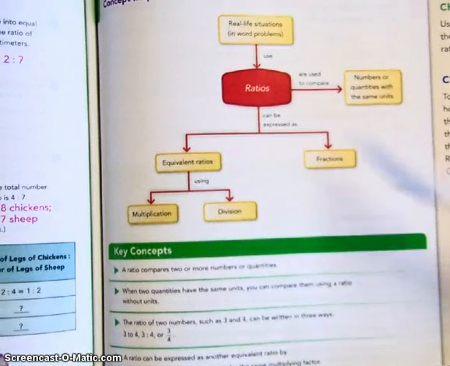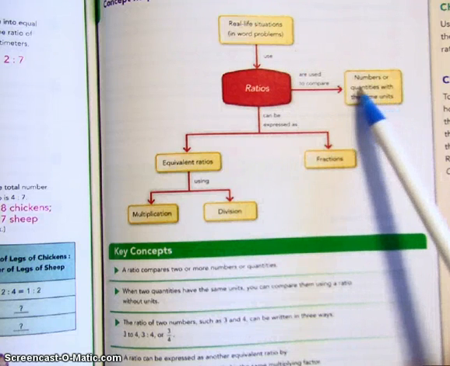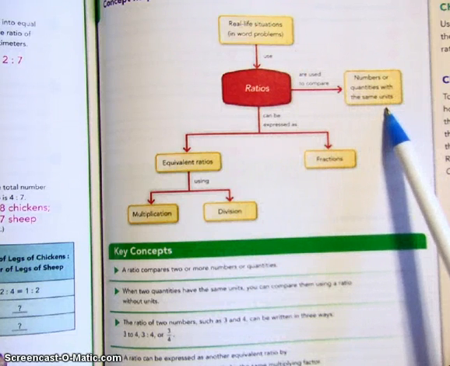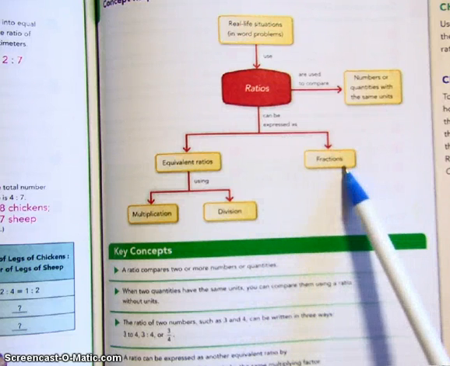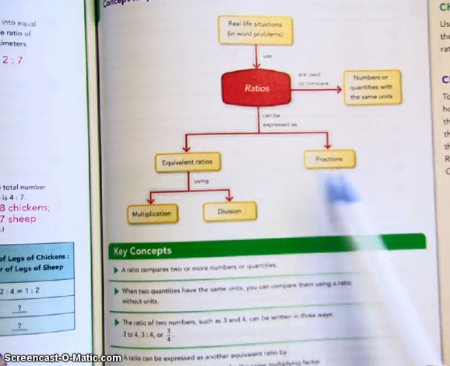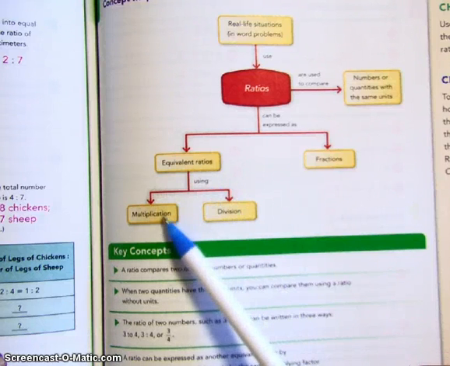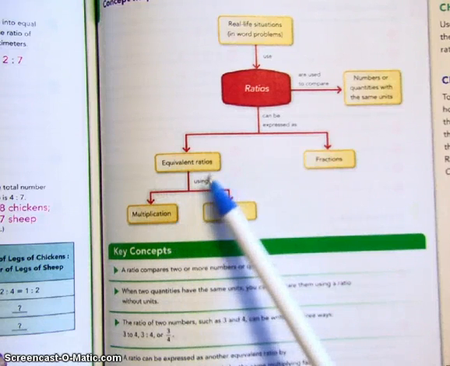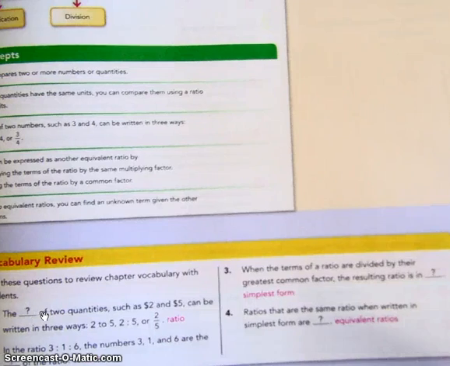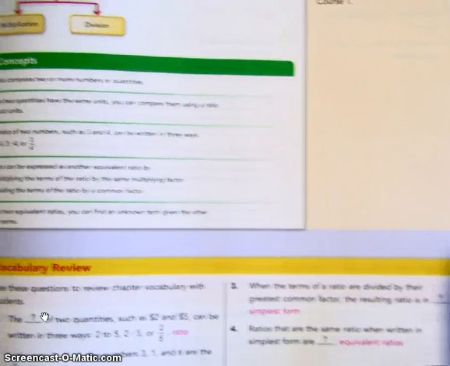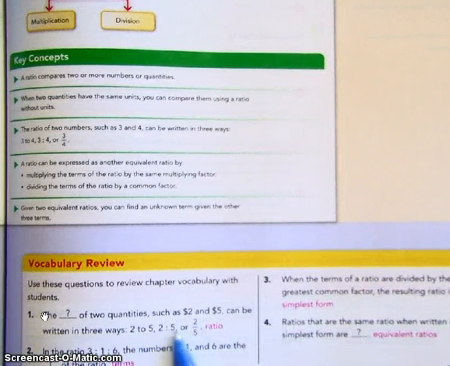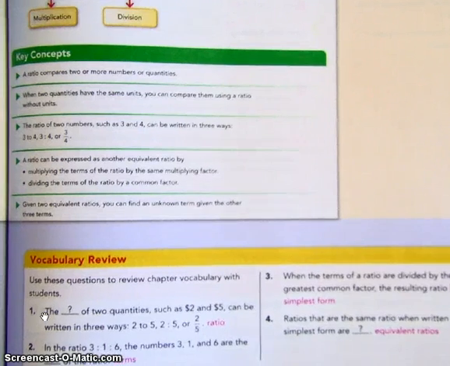Way up here at the top, we talked about all the things we can do with ratios in real life situations. We can use them to compare numbers and quantities in the same units, and a ratio can also be expressed as a fraction. We can make an equivalent ratio, and then we can multiply or divide to make that equivalent ratio. And then our terms: a ratio is the two numbers that we're comparing, and terms are the numbers that it's using.